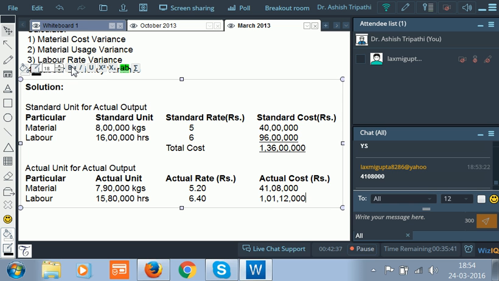I hope you are getting this. 1 crore, 1 lakh, 12,000. 15,80,000 into 6.4. Yes. Now let us take the total.